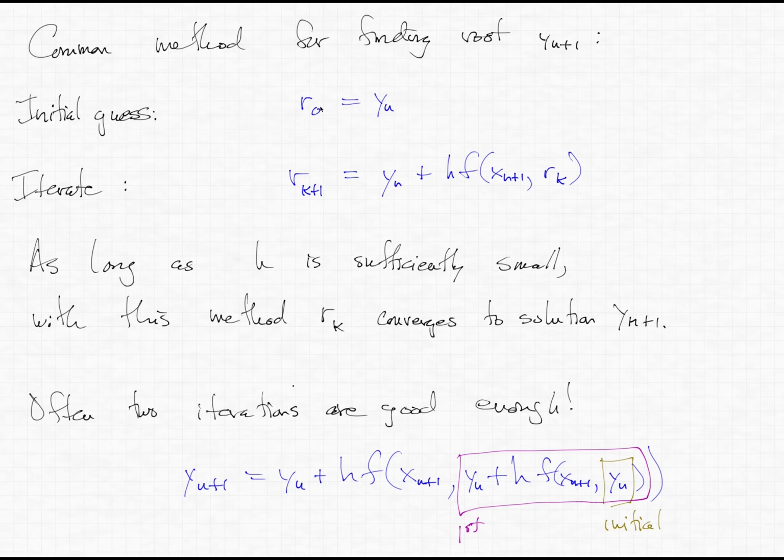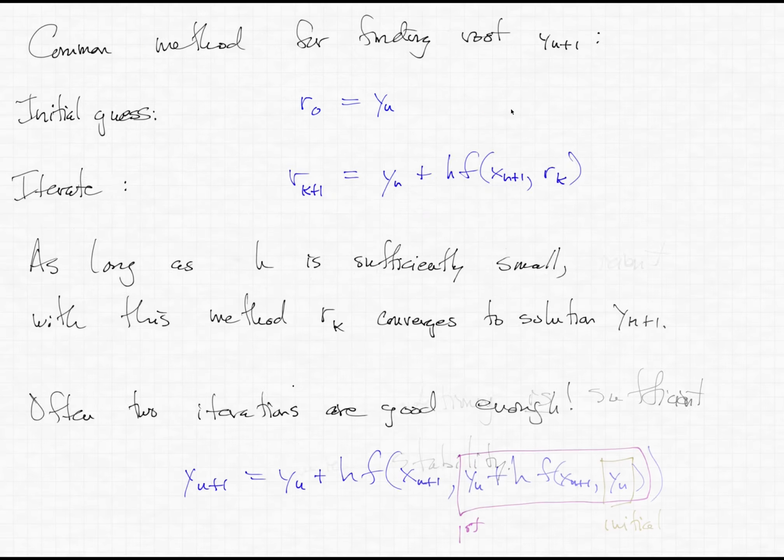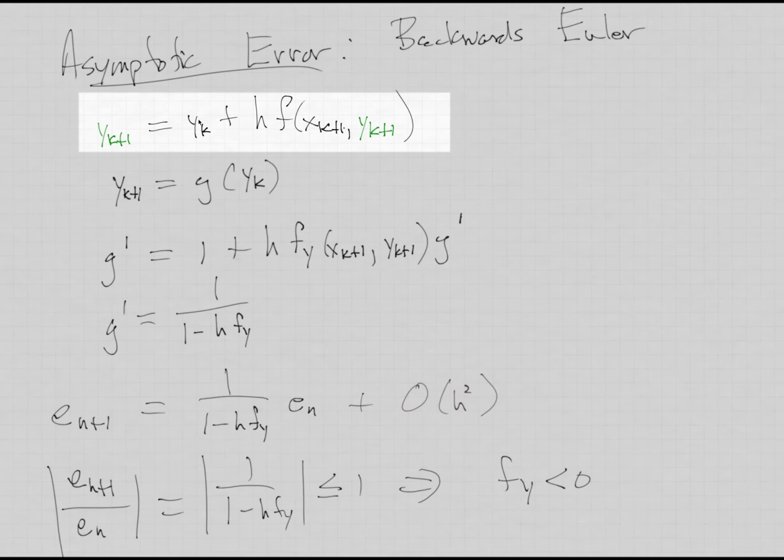It turns out, apparently based on years of experience by people who do this for a living, that it seems to be adequate if you simply start with an initial guess. By the way, r here stands for the root. If we get the exact value of the root, then r will be equal to y sub k plus 1. So r is the root in this equation over here.